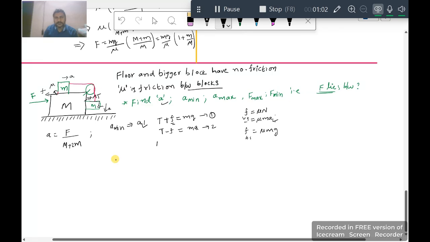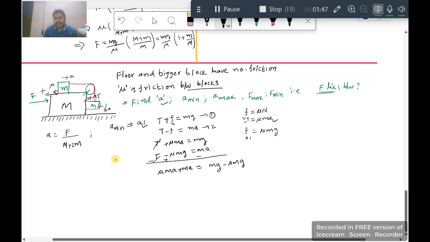So now T plus mu ma is equal to mg, and T minus mu mg is equal to ma. Now subtract. So these cancel. Mu ma plus ma, this ma coming to this side, is equal to mg minus mu mg.